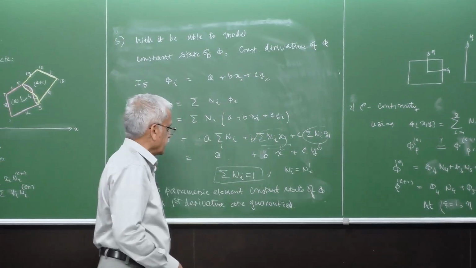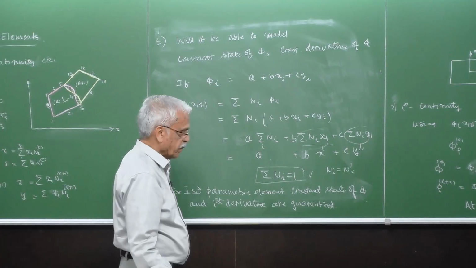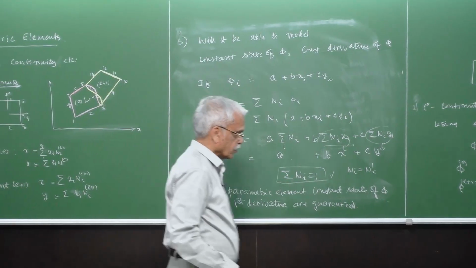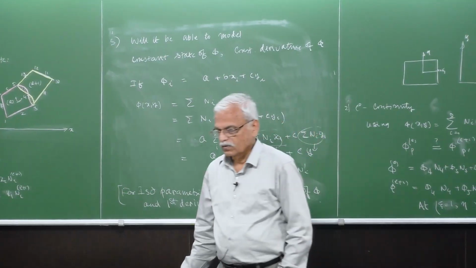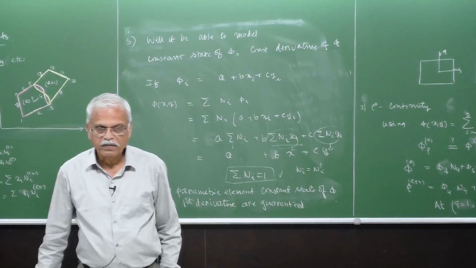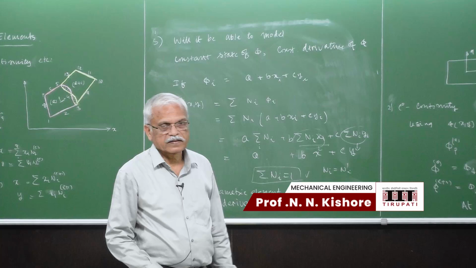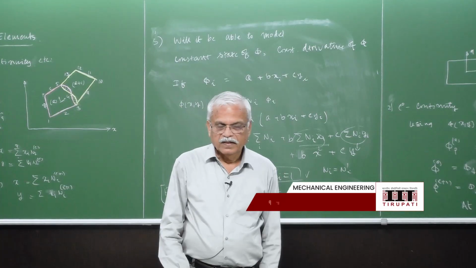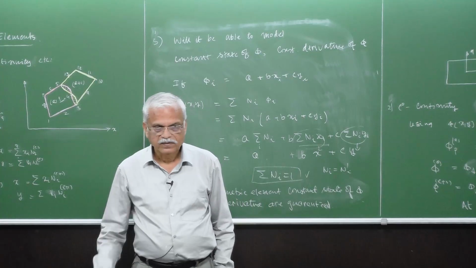So these are the three issues which are very important for mapping, and we showed that they are all satisfied, so we can use isoparametric elements for any complex geometry. I think we'll stop here, and hopefully we'll continue with another topic next. Okay. Bye.